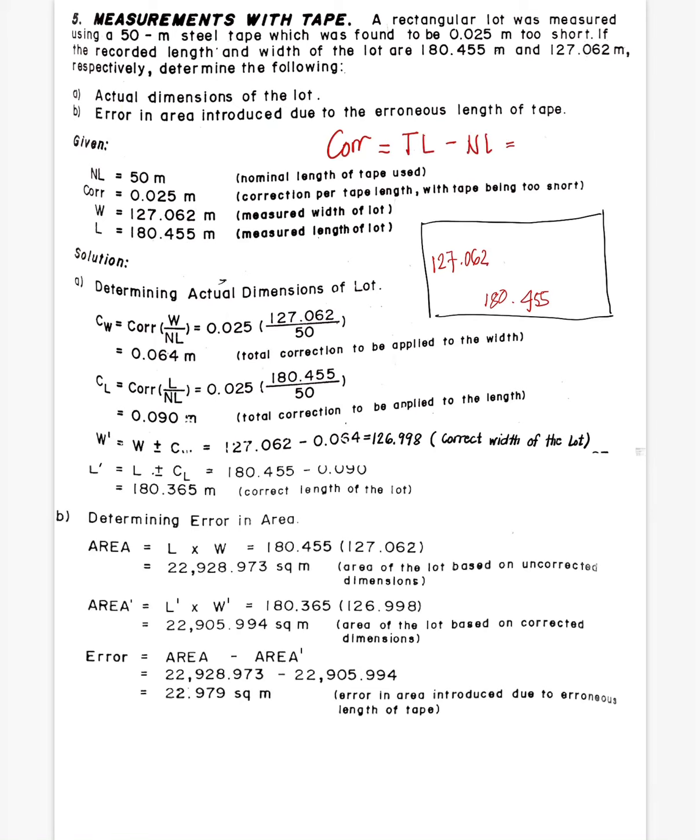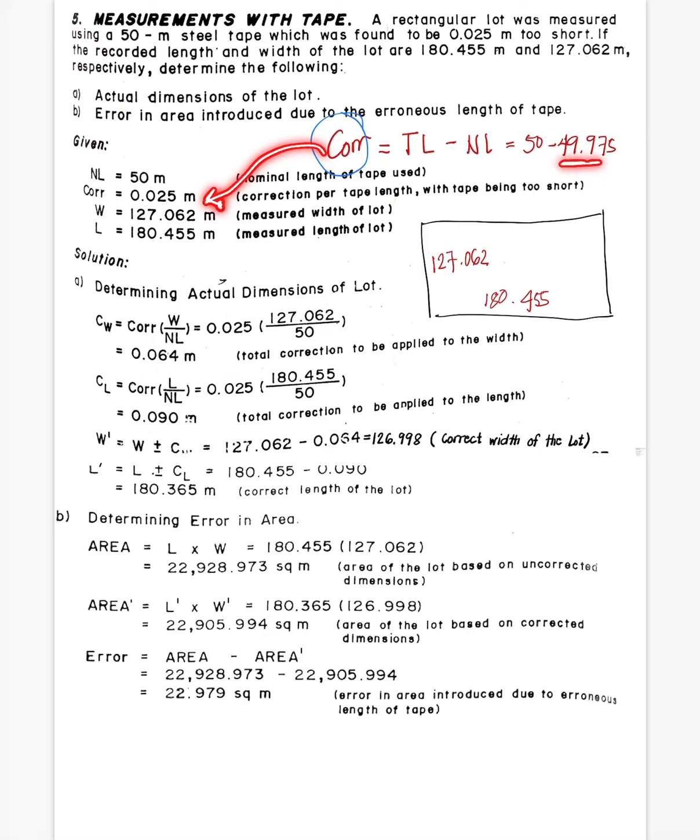So in our case, that is 50 minus 49.975, so that we have the correction equal to this one.